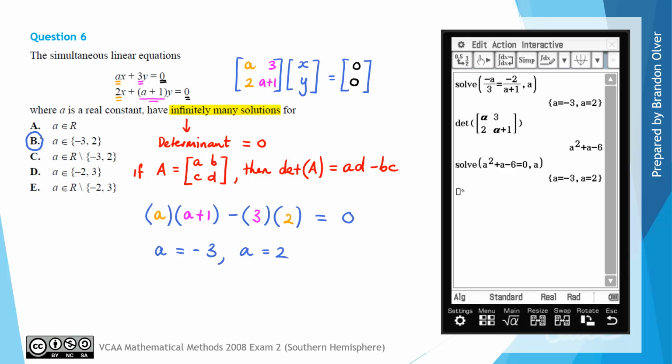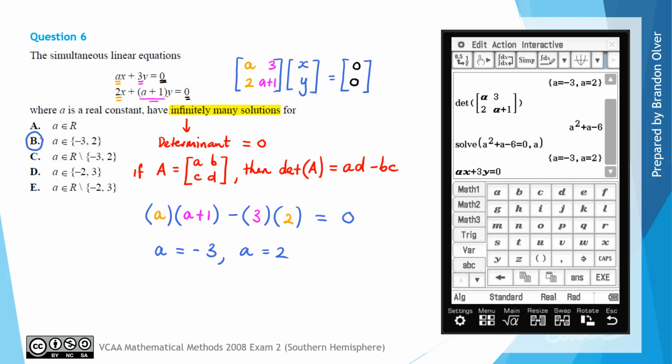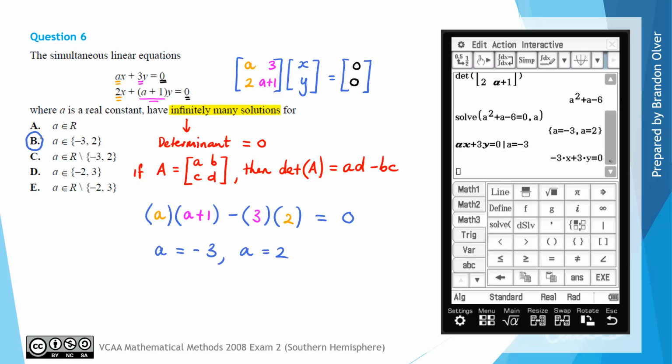and I can show that by graphing them and showing that they are in fact the same line. So if I start with variable A x, and then it was plus 3y equals 0, and then we do math 3 given that A equals -3 to start with, that's the first equation we'd get.